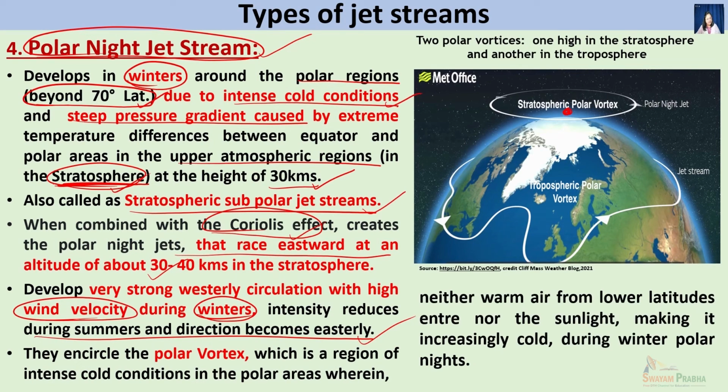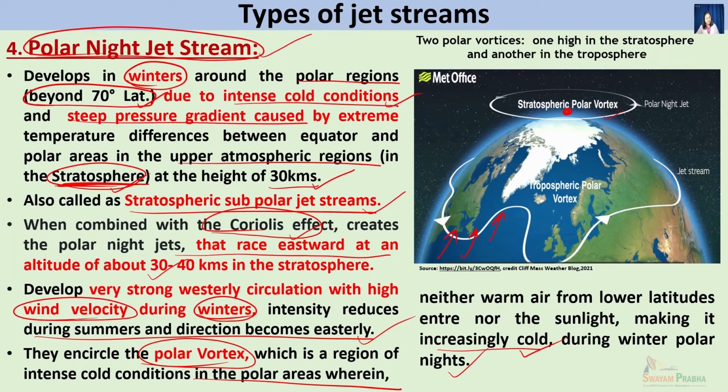And these polar night jet streams encircle the polar vortex, which is a region of intense cold conditions in the polar areas, wherein neither is the warm air from the lower latitudes able to penetrate, nor do these areas receive direct sunlight during the winter time period, due to which these areas become intensively cold, and the cold conditions become more extreme during the nighttime period.